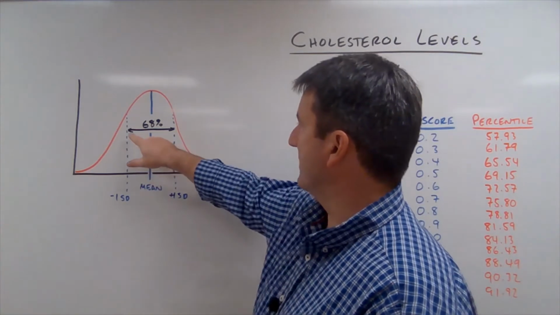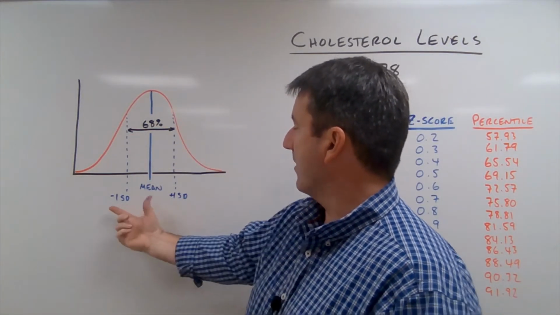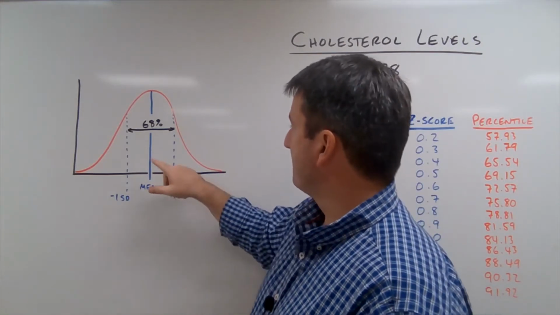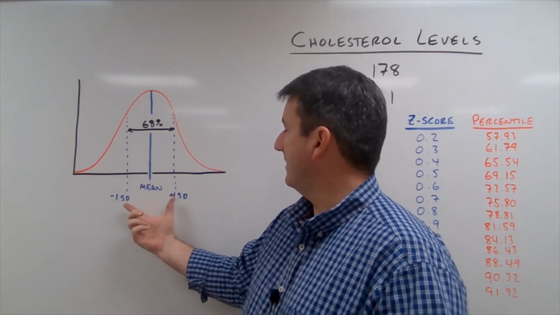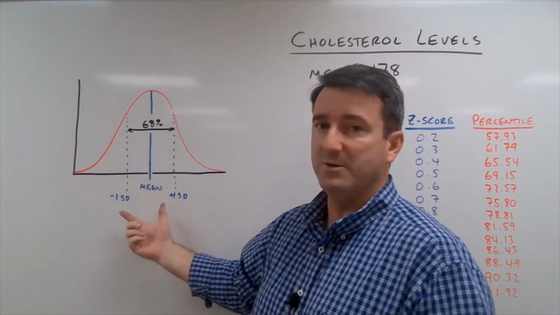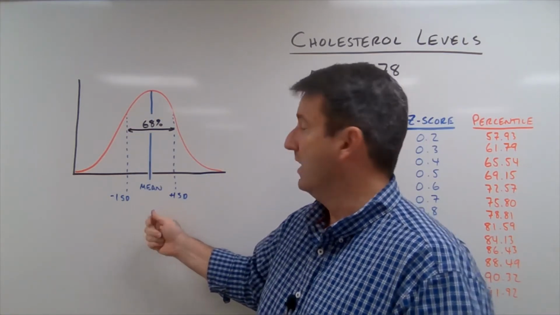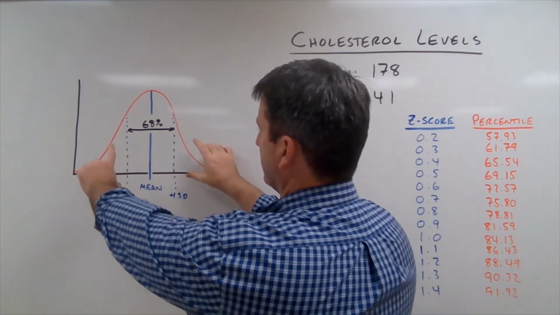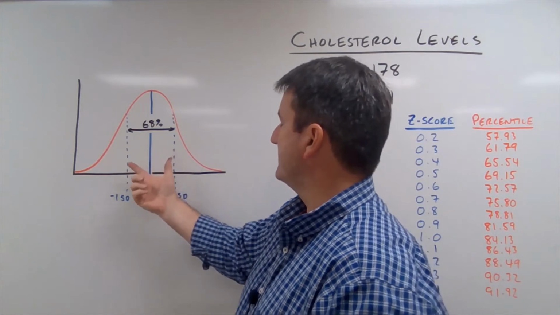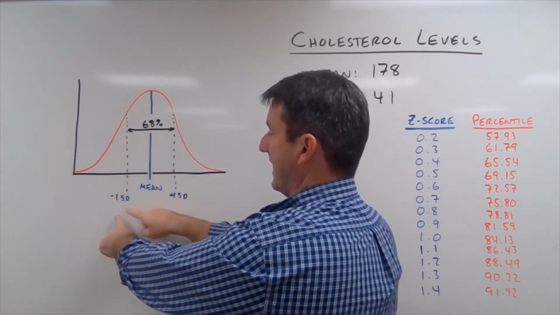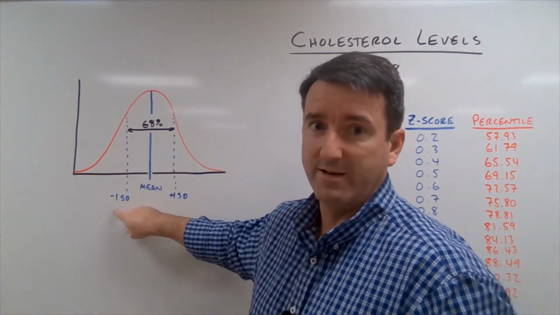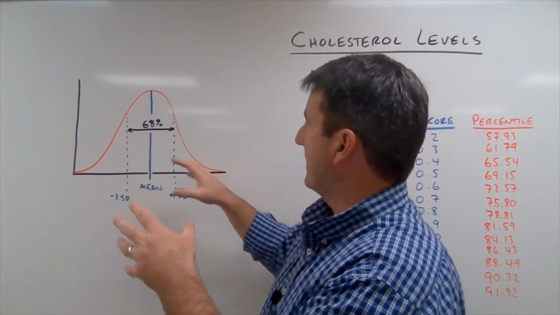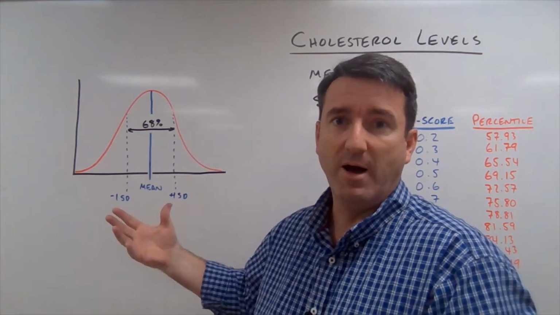So for example, we know that 68% of values are within one standard deviation of the mean, which means that if we wanted to know what percentage of values are less than or equal to one standard deviation above the mean, we could figure out the percentage that are outside of the range from -1 standard deviation to +1 standard deviation just by subtracting 68% from 100%.